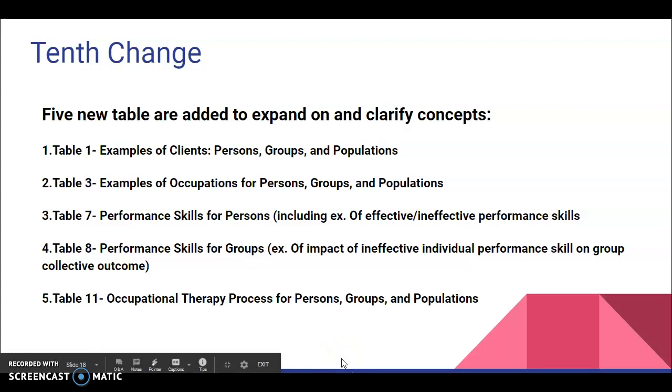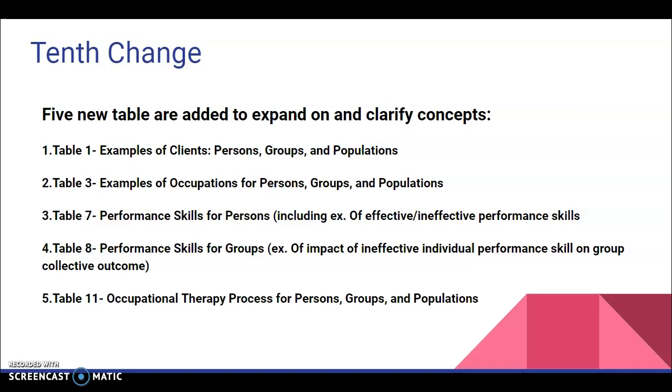The 10th change, there are 5 new tables added to expand on and clarify concepts. I went over table 1 and 3 with examples of persons, groups, and populations. Then table 7 is showing performance skills for persons, and that includes both effective and ineffective performance skills.